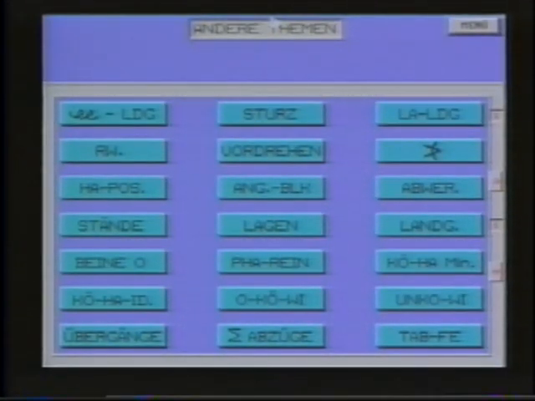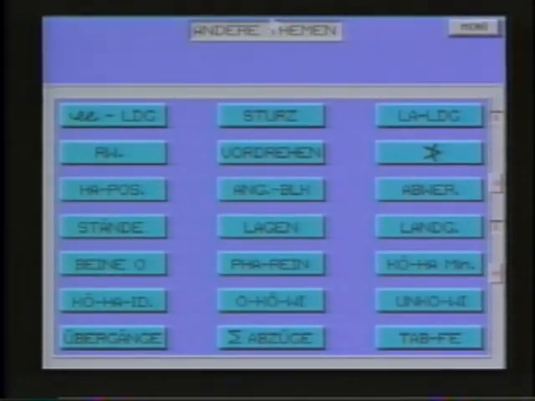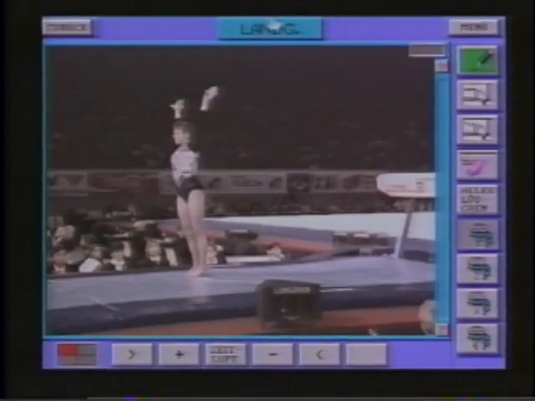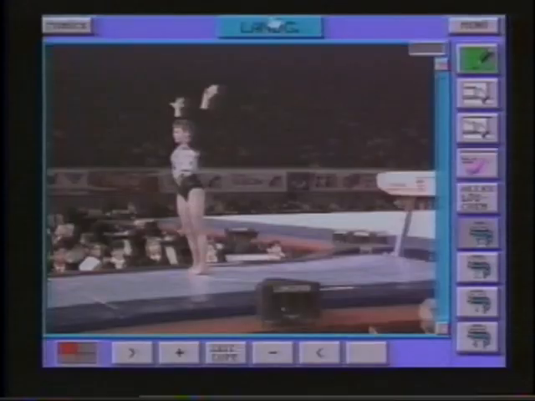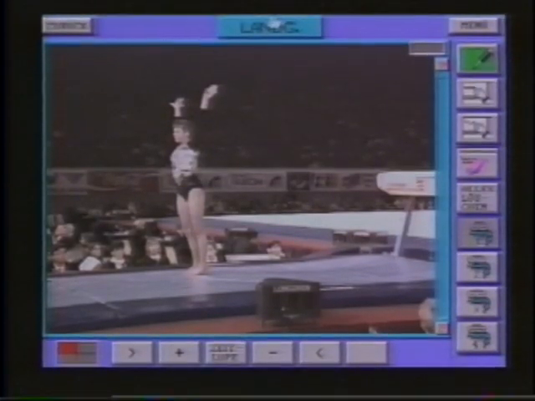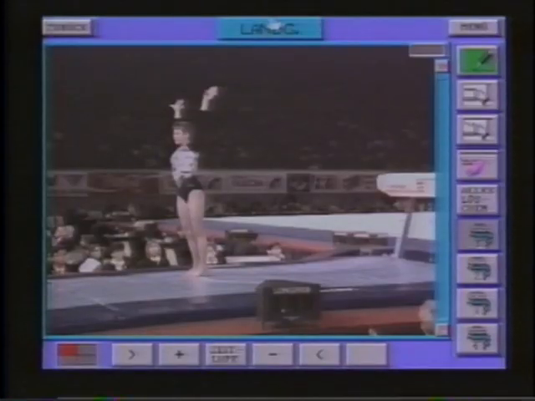Topic, landings. According to Article 9 in the Code, there is for a small hop each 0.05 deduction, a step or large hop each minus 0.1 deduction. Thus, our gymnast receives minus 0.05 deduction, without consideration of the minimal loss of direction.